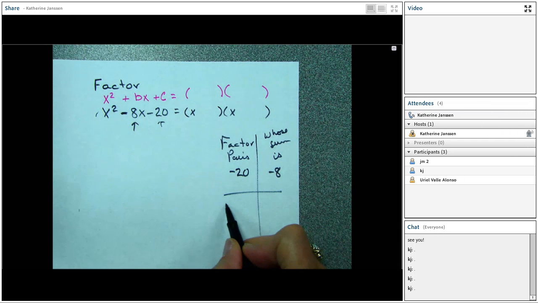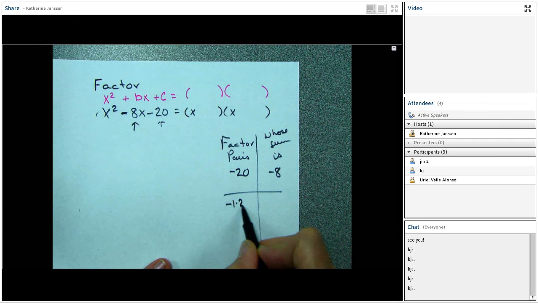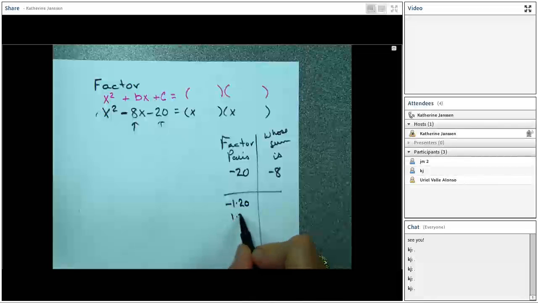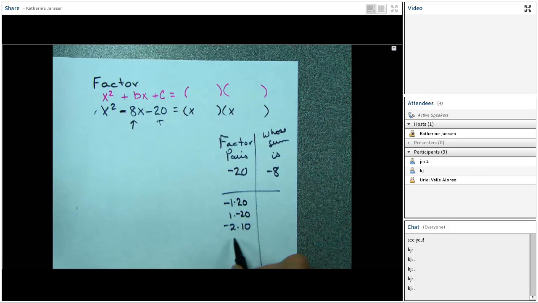So negative 20, that'd be a negative 1 times 20, 1 times a negative 20, 2 times negative 10, 2 times negative 10, 4 times negative 5, negative 4 times a positive 5.